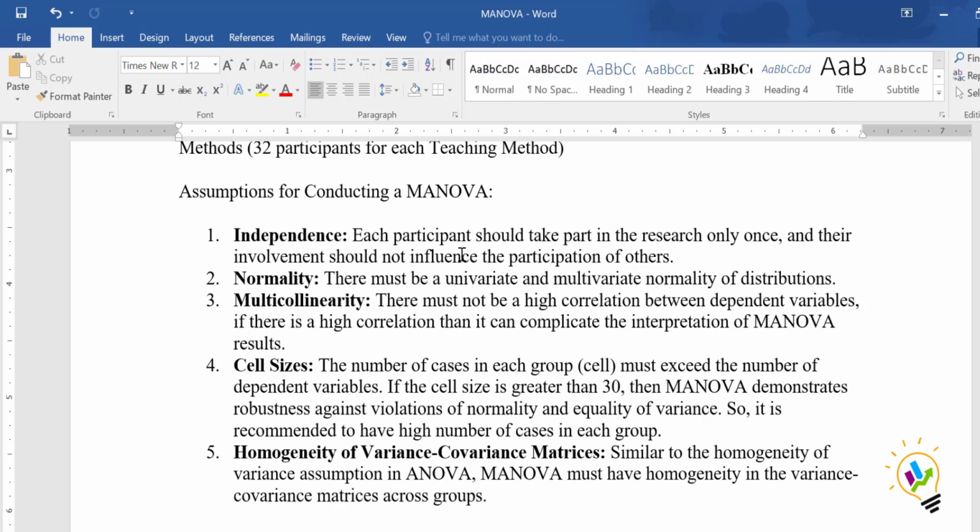So now we are going to do the normality test, multicollinearity test and homogeneity test on the dependent variables, and let us see whether we are able to fulfill these assumptions or not. Once we are done with the normality test, multicollinearity test and homogeneity of variance-covariance matrices, then we will do the MANOVA test. So we'll start first with the normality test.